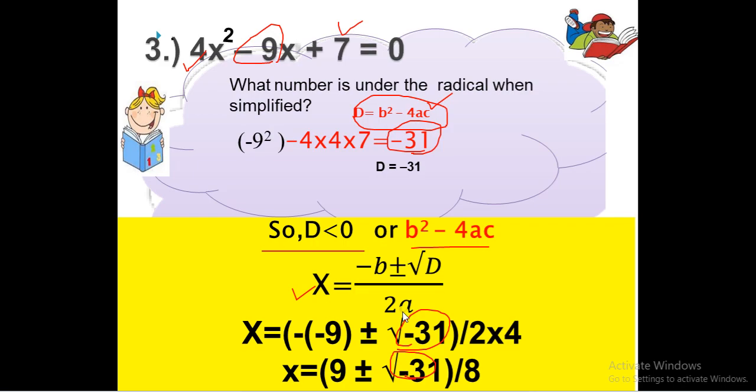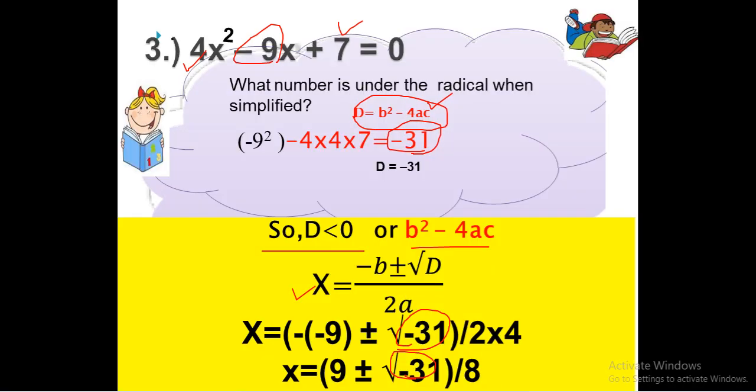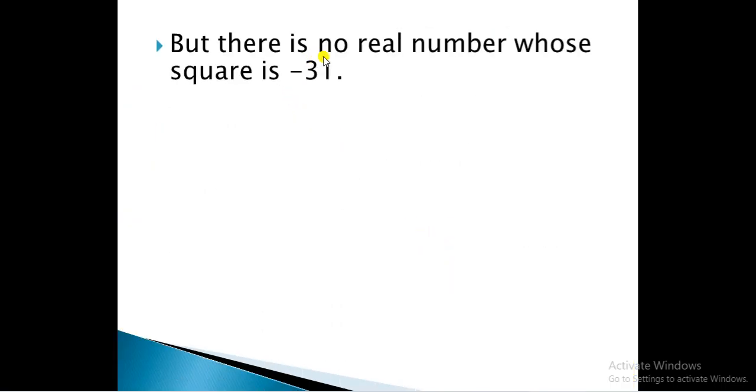Is it possible to find out the square root of a negative number? Have you done so before? Think over it. No. Is it not? It is not possible to find the square root of a negative number in case of real numbers. So let us see, there is no real number whose square is minus 31.